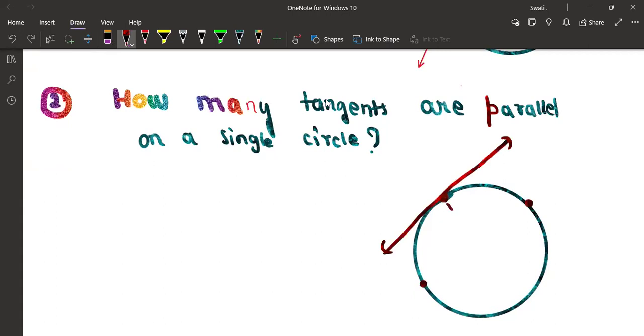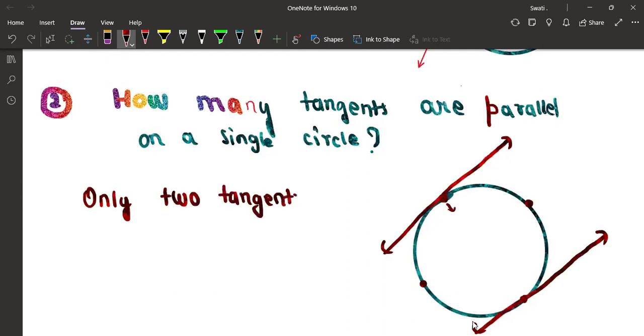No. Exactly opposite to it, if you take one more point and draw a tangent on it, then that is, of course, parallel. So how many tangents are parallel on a single circle? Only two tangents. You cannot draw more than one pair of parallel tangents. I hope this is clear, Manya, right?